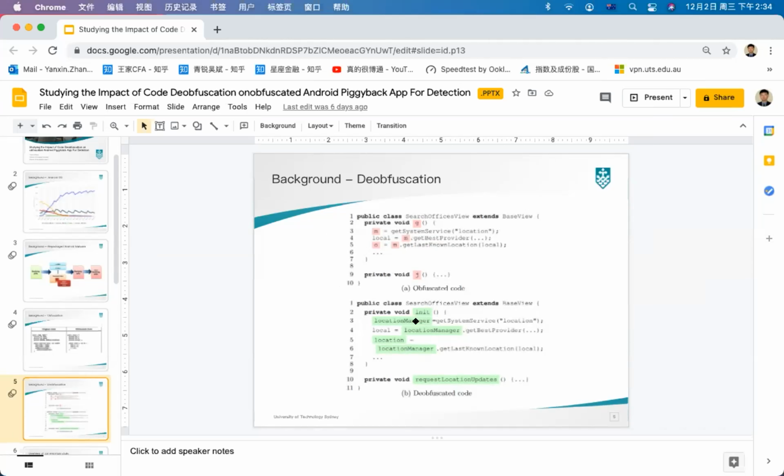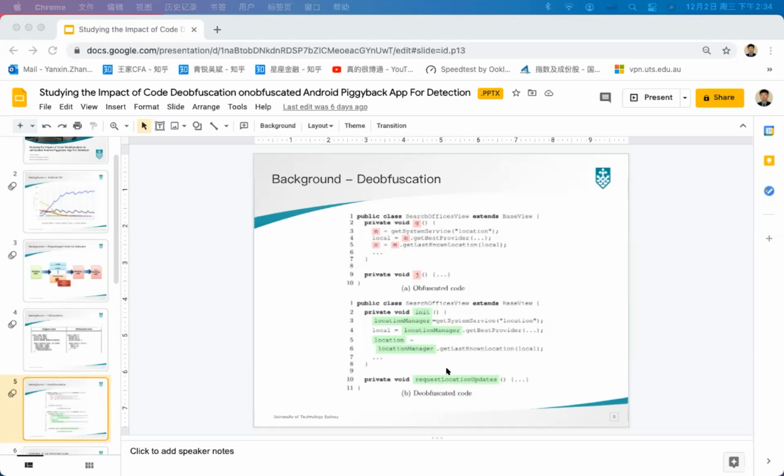So if this obfuscated code is deobfuscated, then human beings will see and understand the meaning of this code.